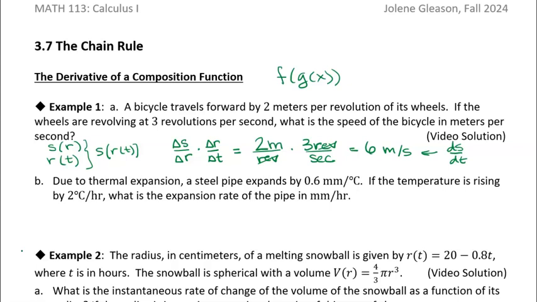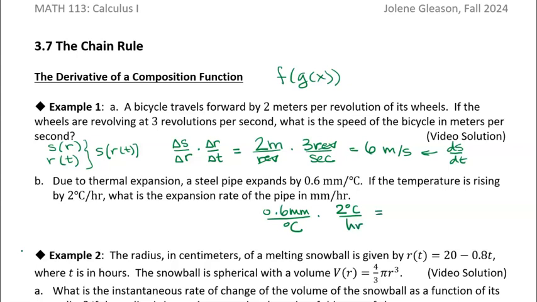Okay, so the length of the pipe is a function of temperature, and then the temperature is a function of time. So we can just multiply these rates. We can take 0.6 millimeters per degrees C times 2 degrees C per hour.